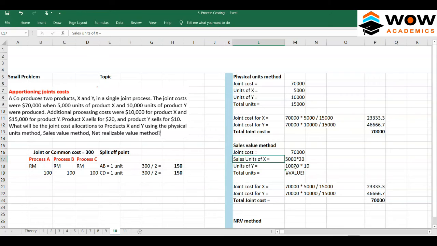So we have to get the sales value of X, sales value of Y, and this is the total sales value.